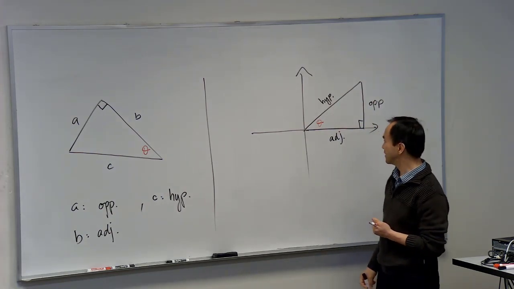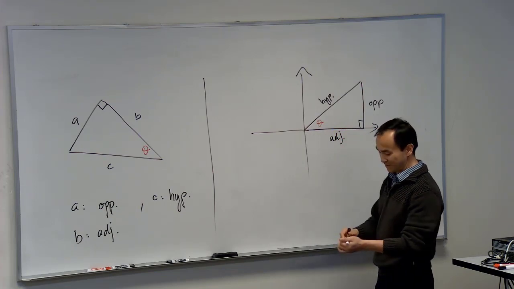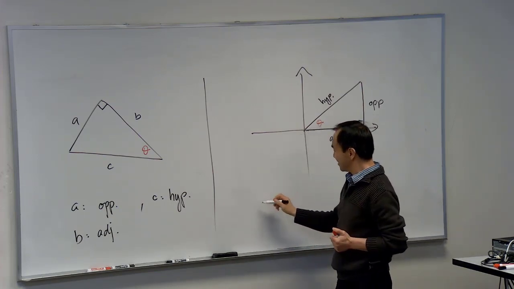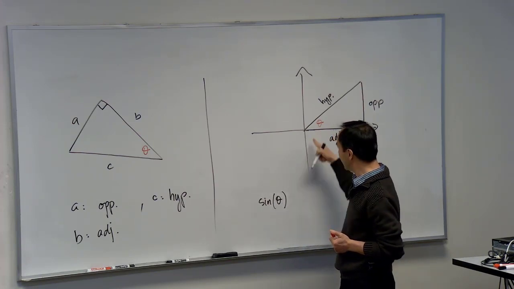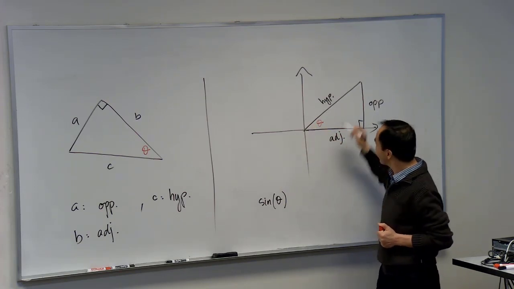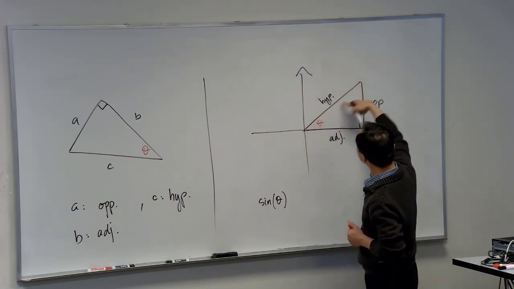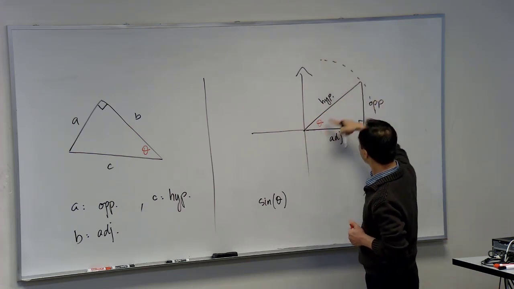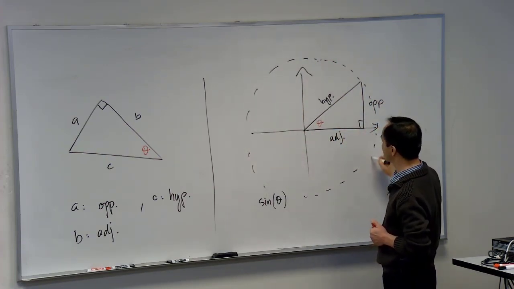That's the hypotenuse. In an earlier lecture we have already learned sine of theta, the angle here. If we take the length of the hypotenuse to be the radius, then this triangle stays right on some kind of big circle, not necessarily the unit circle.